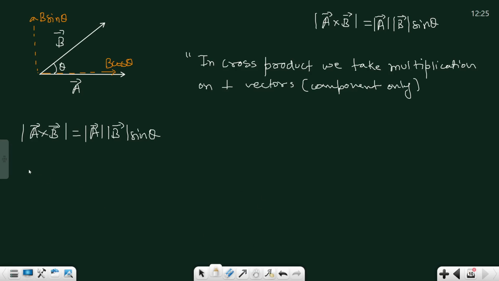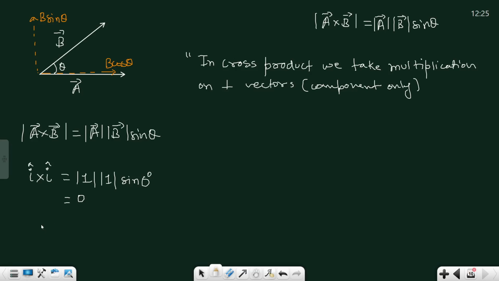So when you go for the cross product of I dot I, sorry, not dot, it will be cross. When you go for I cross I, what will you get? The magnitude of I is 1, and sine 0, because they are parallel and the angle is 0, so sine 0 is 0. So you will get 0.